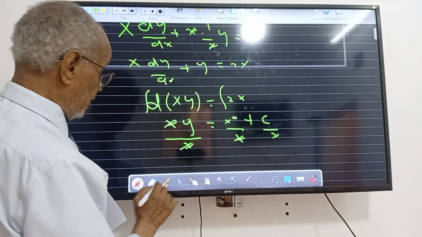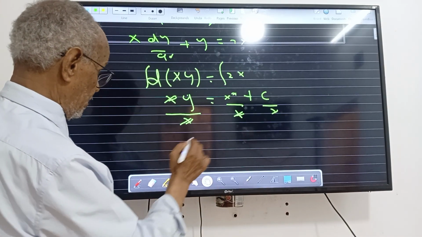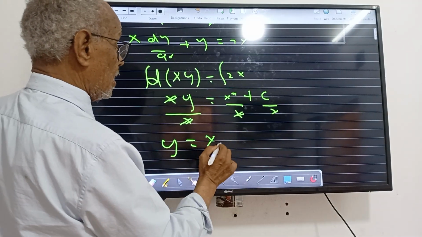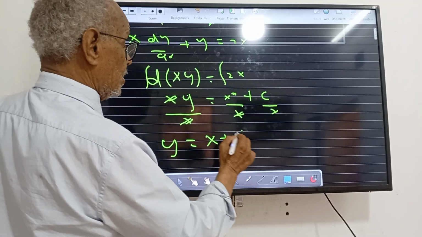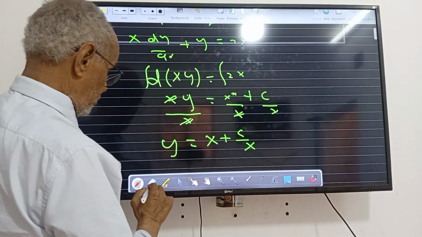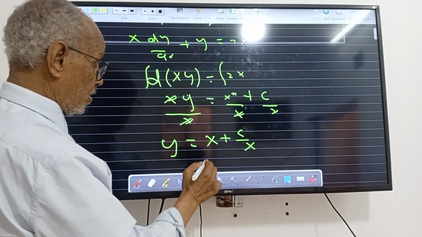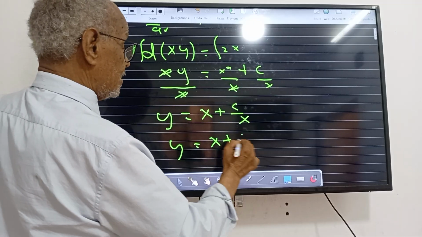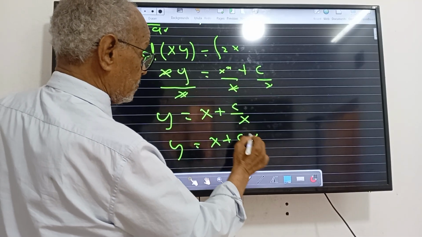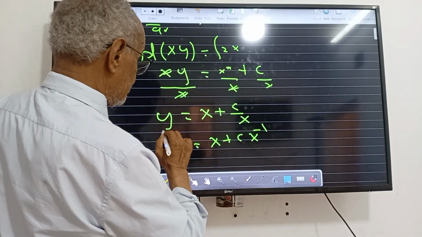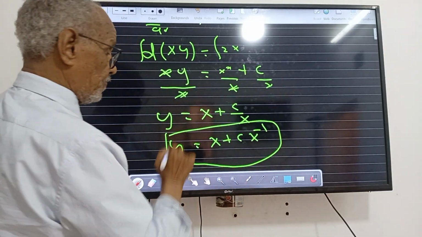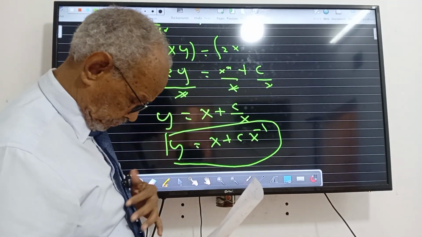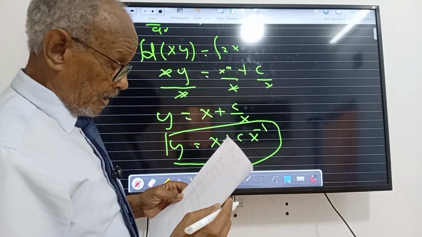So the final solution, the final answer, is y equals x plus c over x, or y equals x plus c x to the power of minus 1. So this is the general solution of this.